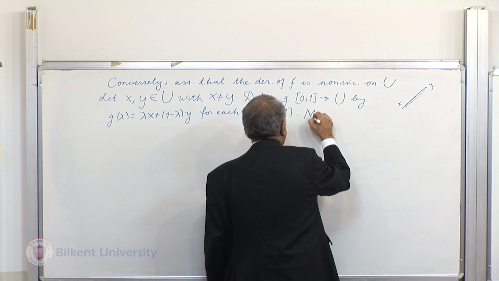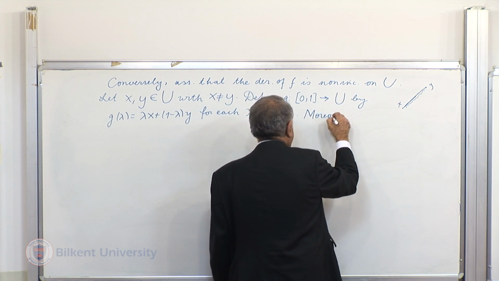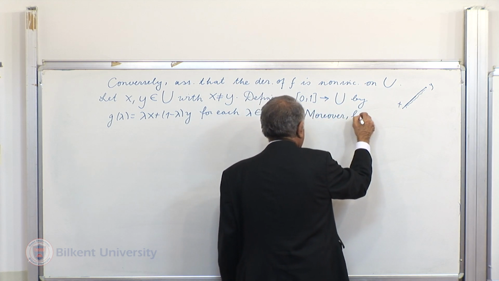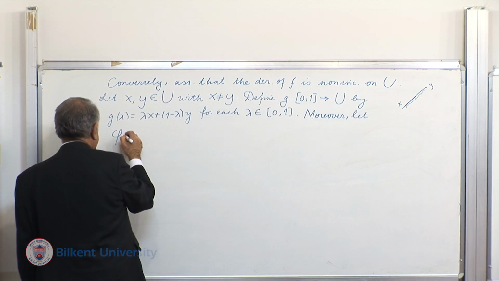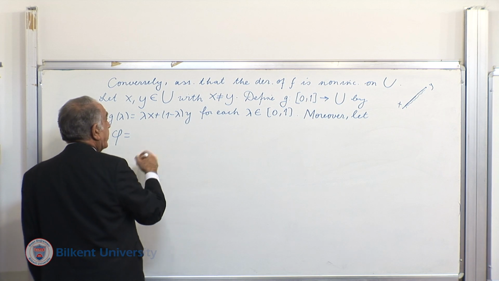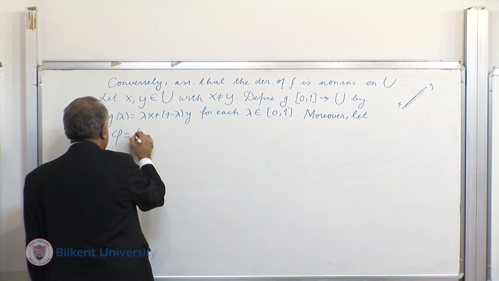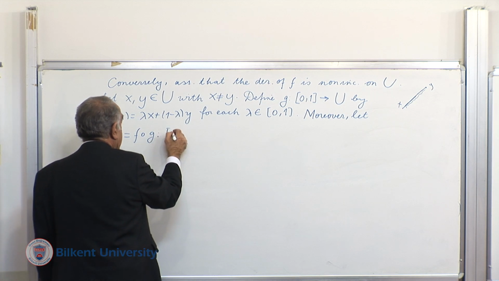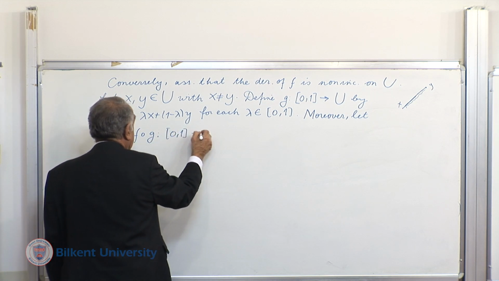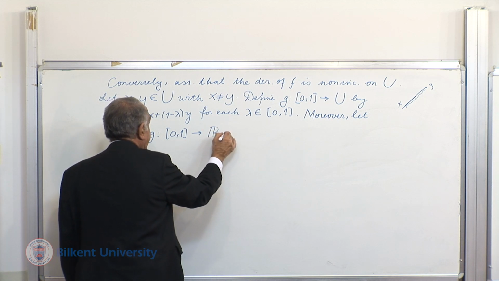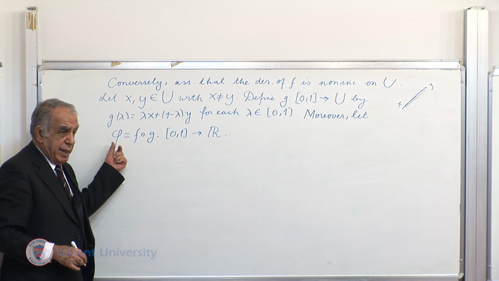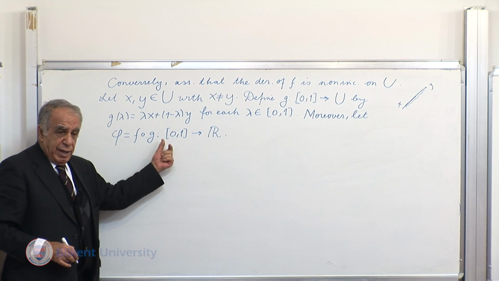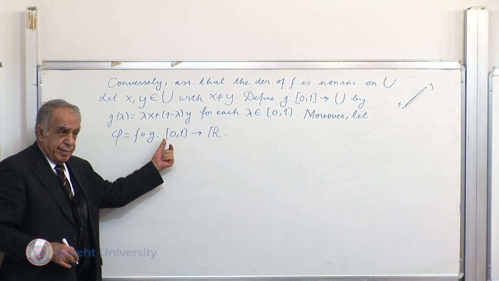Moreover, let phi be the composition of f with g, on 0, 1 into R. This phi will be a real valued function of a real variable.